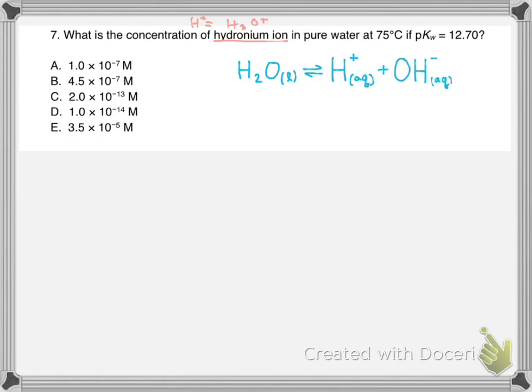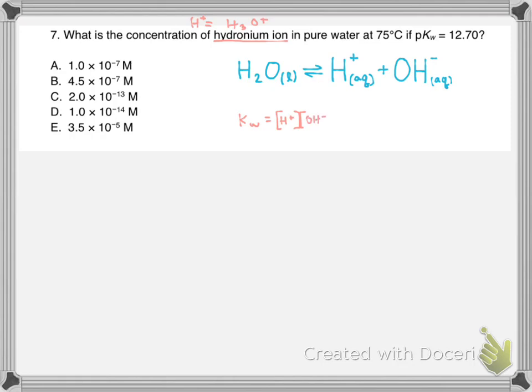So here I've written the autodissociation for water. So we just have pure water in solution. And we know that we can write the equilibrium expression for this. We get that Kw is going to be equal to just the concentration of protons times the concentration of hydroxide.